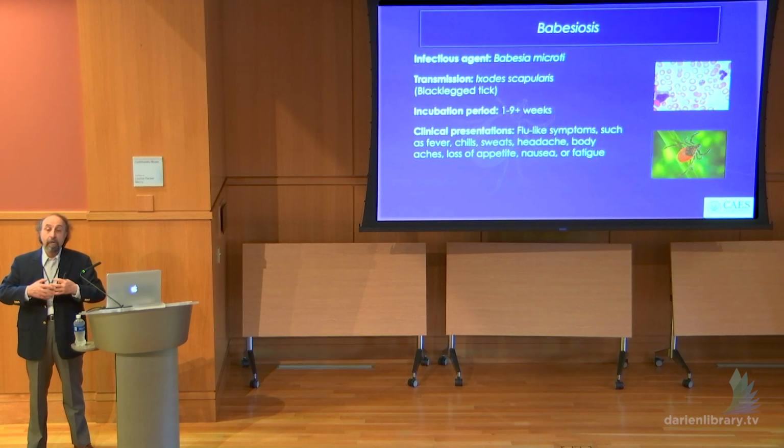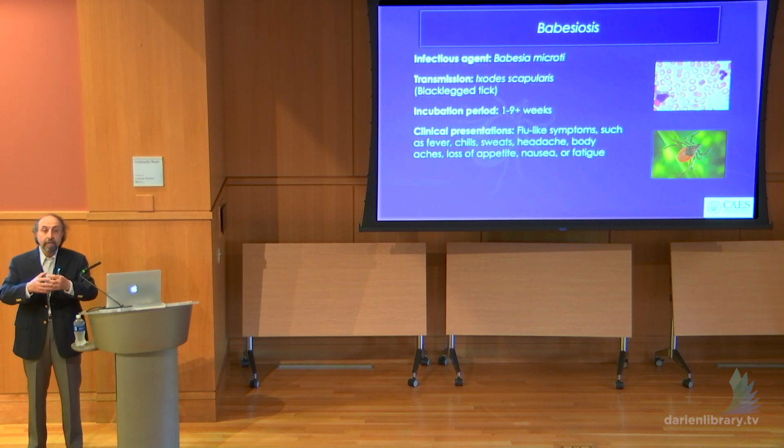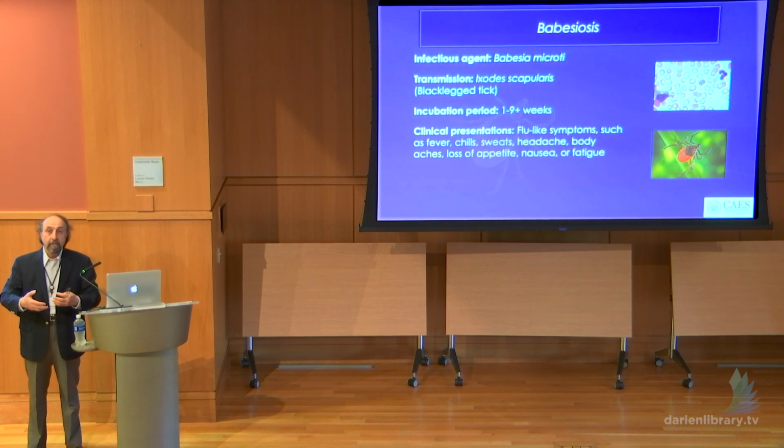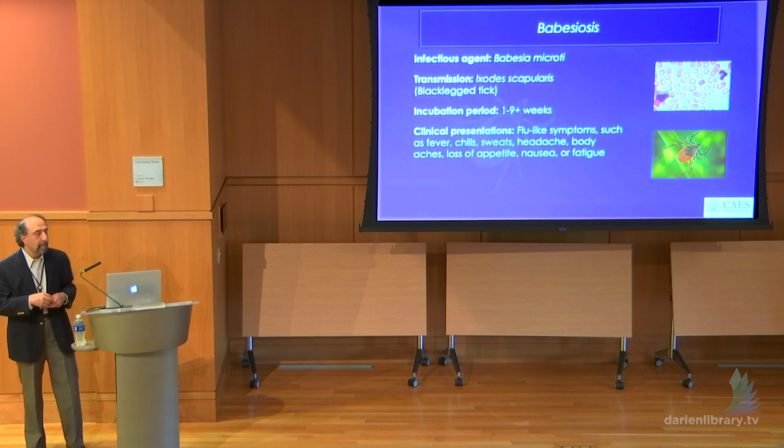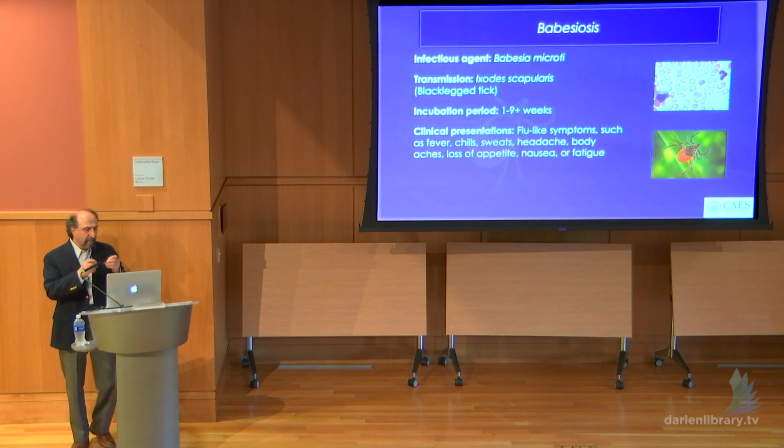Once they multiply, they get to a point that red blood cells can no longer hold them, and they burst the red blood cells and release the parasite bodies into the bloodstream, and then other red blood cells are infected, and as a result, you experience this kind of cyclic symptoms.